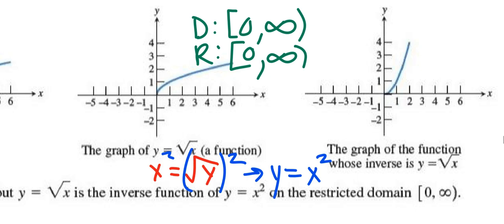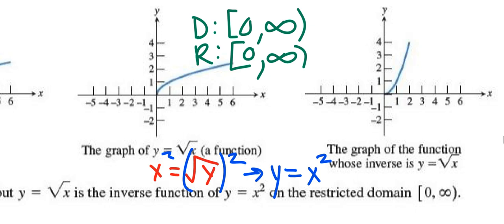That's why it says that the square root of x is the inverse function of y equals x squared on the restricted domain 0 to infinity. Now, what I'm trying to describe to you is what's called an inherited domain. You got the domain from the previous function. Here's your original. It was only this thing right here. Whatever the range of this thing is, that's going to be the domain of this thing.